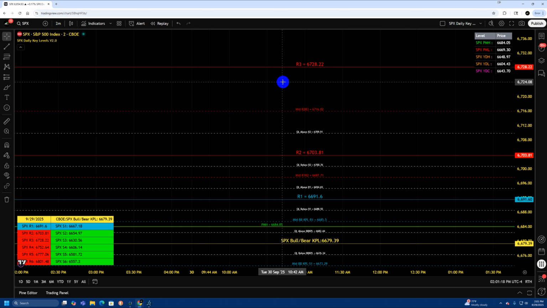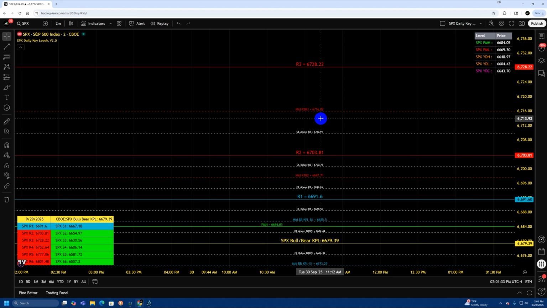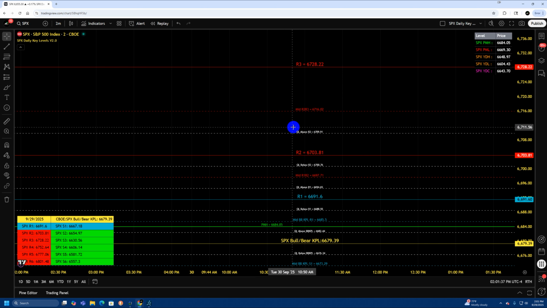Keep in mind that if you're just using standard stop losses, then unless you have some reason why you want to see where the QL levels are, there's no reason to turn them on. You would just want to have your midpoint levels turned on, unless you also want to see, just for context, where the QL levels are.